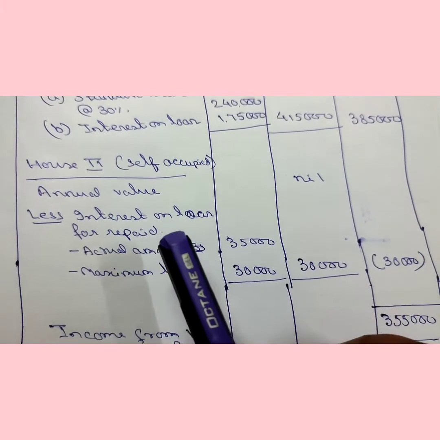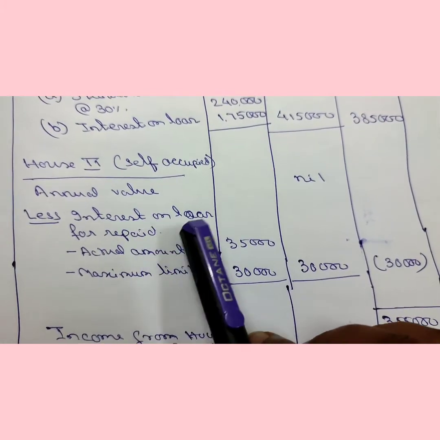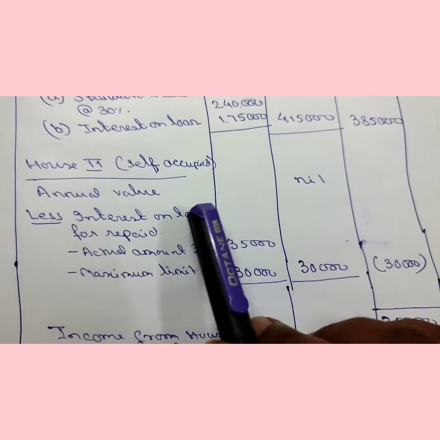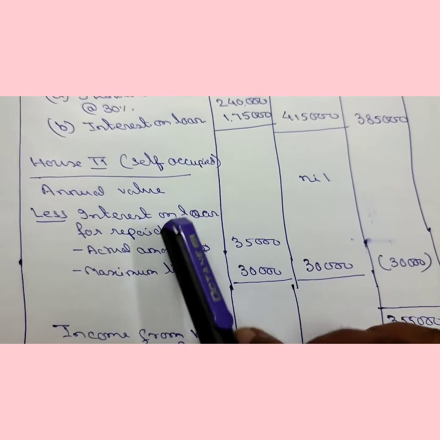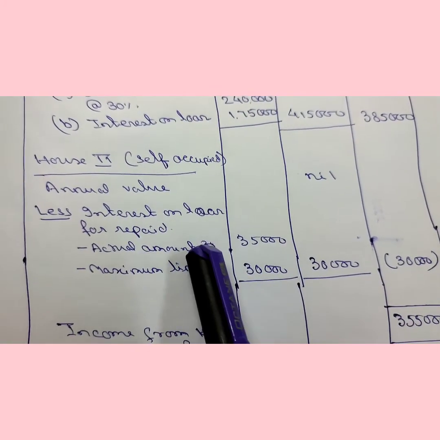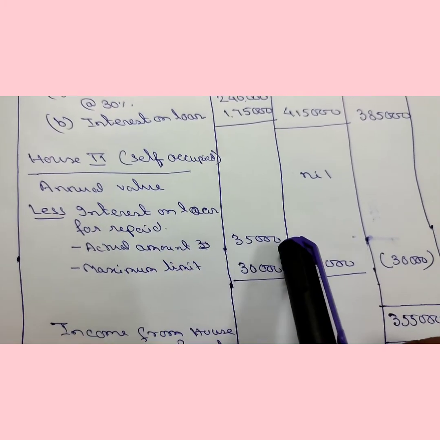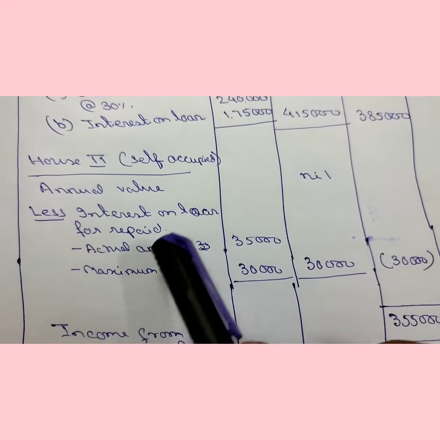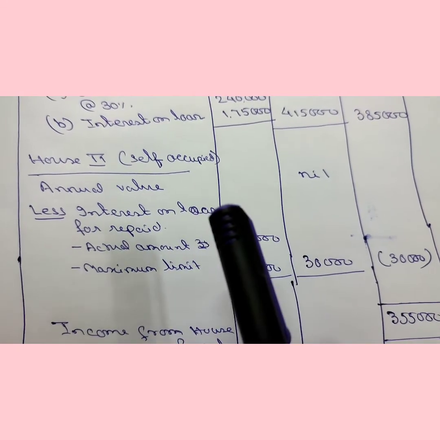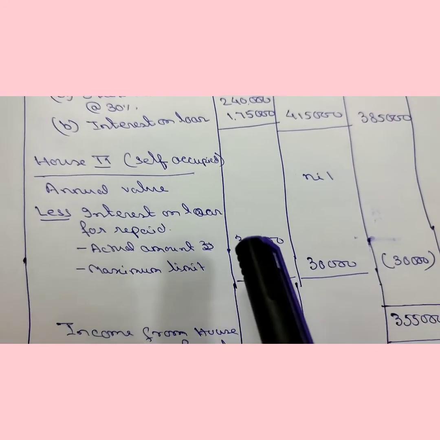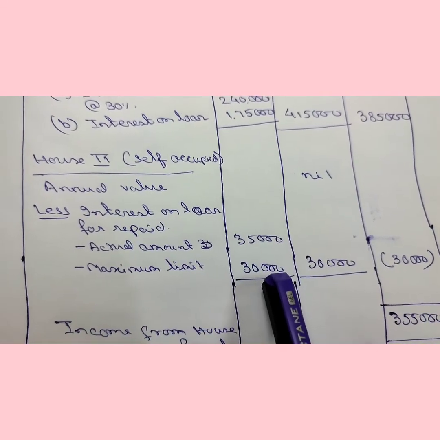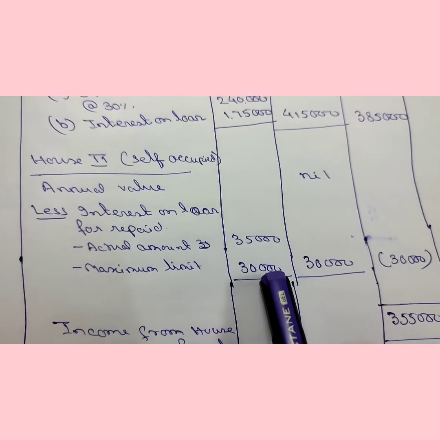Less, here only one deduction is available, that is interest on loan, and this loan is taken for repairing purpose. Okay. So actual amount paid for the loan is rupees 35,000 and the maximum limit for the repairing of a self-occupied house is 30,000 given in our chart.